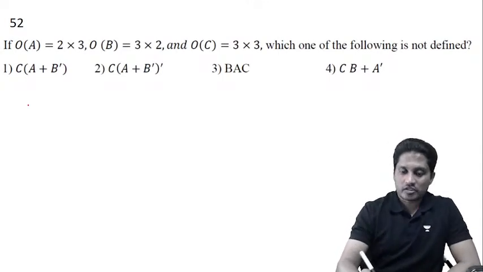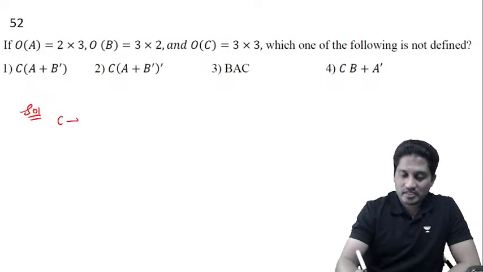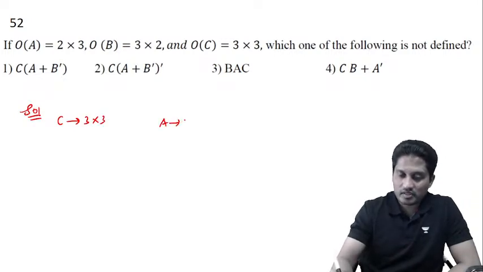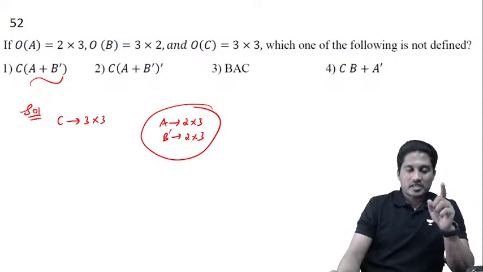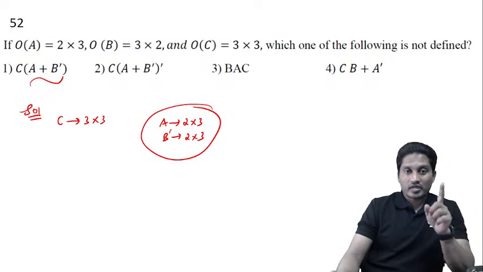In this, I should check which of the following is not defined. Suppose C is a matrix of order 3 by 3, and A is a matrix of order 2 by 3. First option, B dash is a matrix of order 2 by 3, so the sum is obviously defined. Two matrices can be added or subtracted only when the orders are the same.